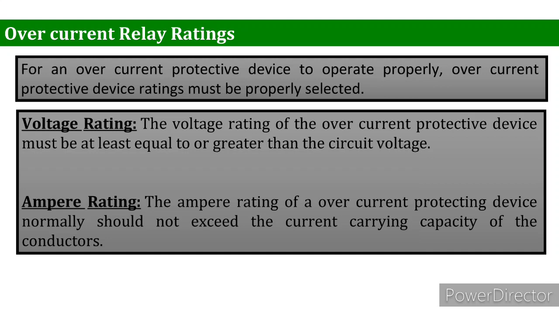Same as the ampere rating, the ampere rating of the overcurrent protective device normally should not exceed the current carrying capacity of the conductor. As a general rule, the ampere rating is selected at 125% of the continuous load current.